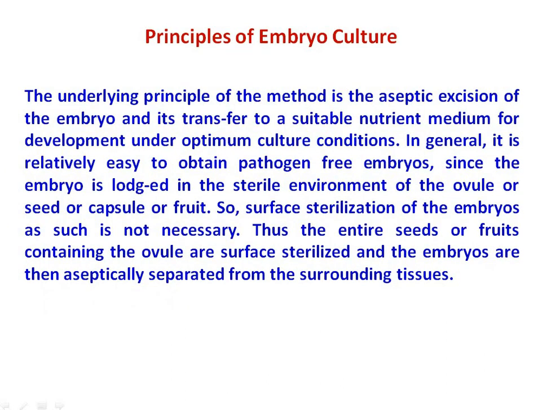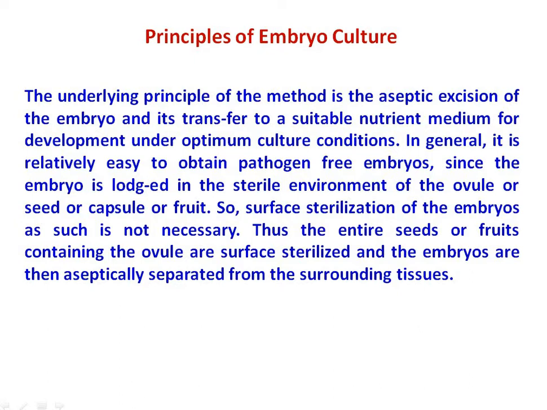Now, what is the principle of embryo culture? The underlying principle of the embryo culture is the aseptic excision of the embryo and its transfer to a suitable nutrient medium of known composition for development under optimum culture conditions.